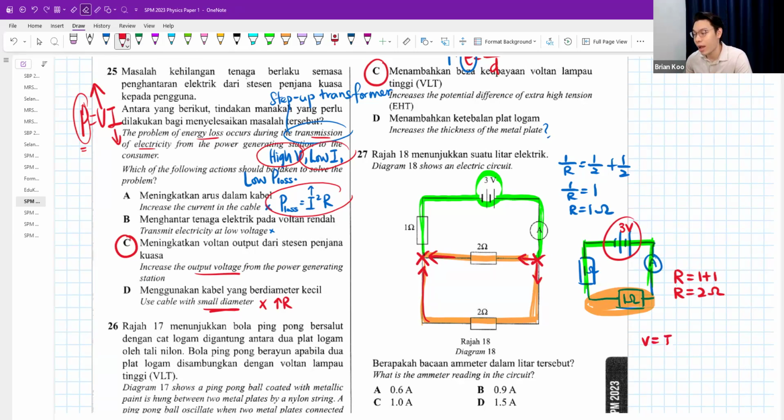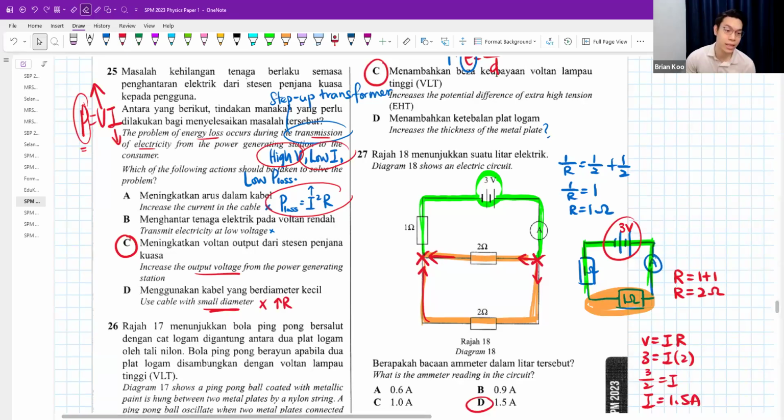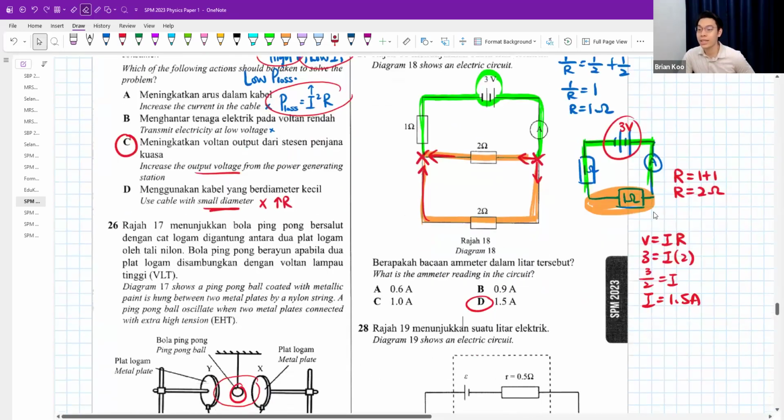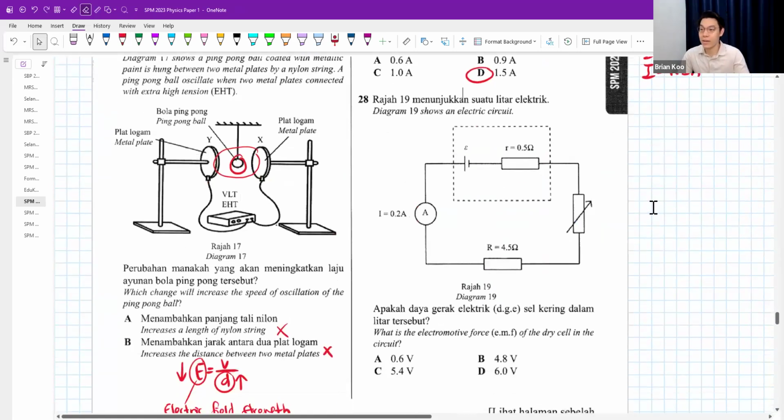According to V equals IR, 3 volts equals I times resistance 2. Answer is 3 divided by 2, which is 1.5. Okay, question 27 is 1.5.